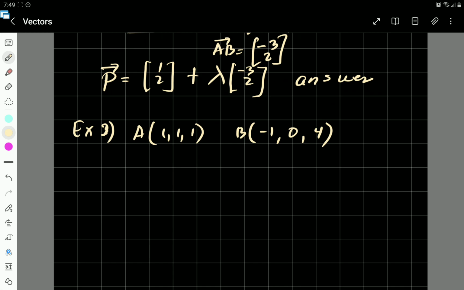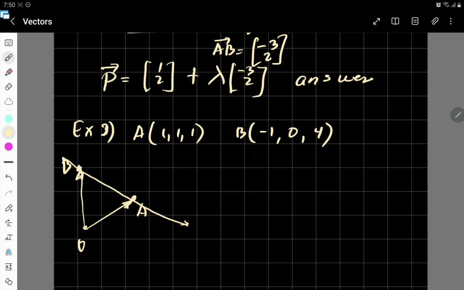It is so difficult to draw or to locate the points, so we just need to imagine. So let's say this is your 1, 1, 1, A, and let's say this is your B. What we want is to find the equation of that line. And this is your origin. So you have this vector OA, that is your position vector, and OB.